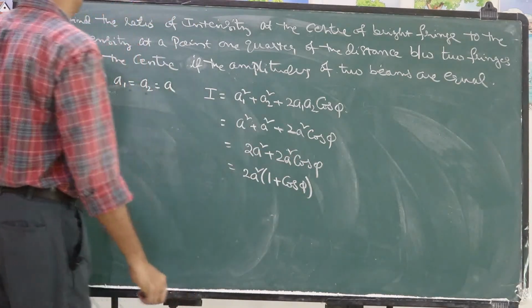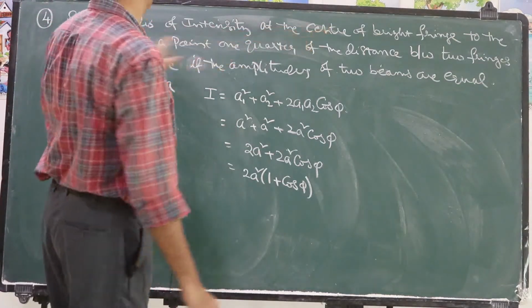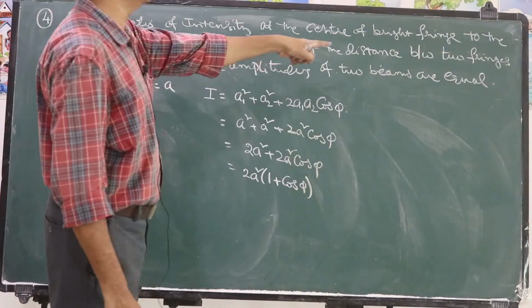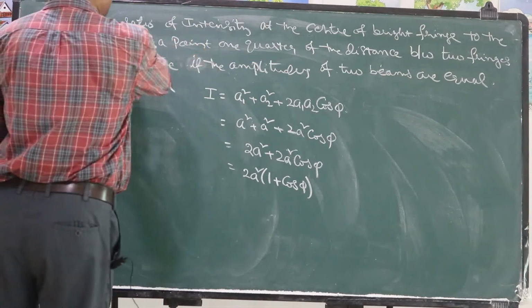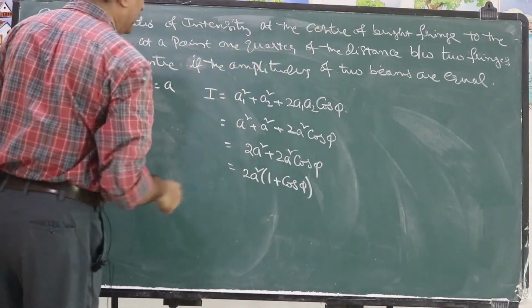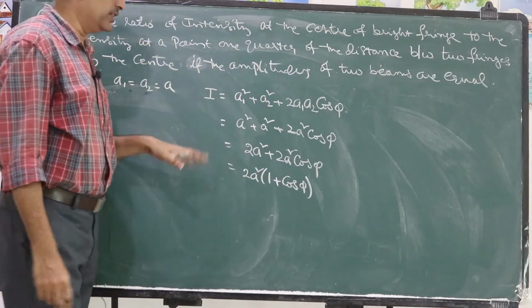Now first case, we have to find the ratio of intensity at the central bright fringe to the intensity at a point 1/4 distance between the two fringes. So for the first case, to find the intensity at the central bright fringe, for the central bright fringe path difference is 0, hence phase difference is also 0.